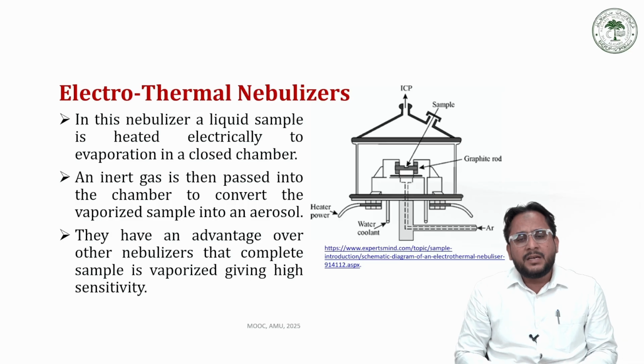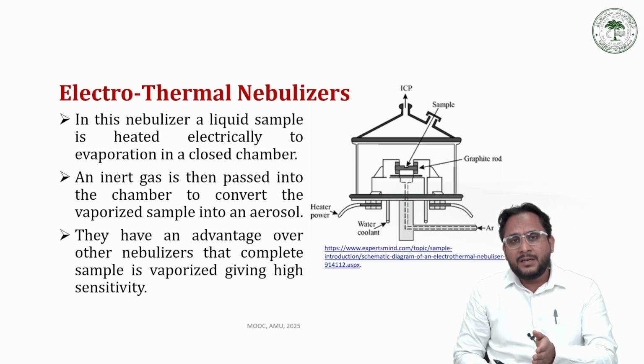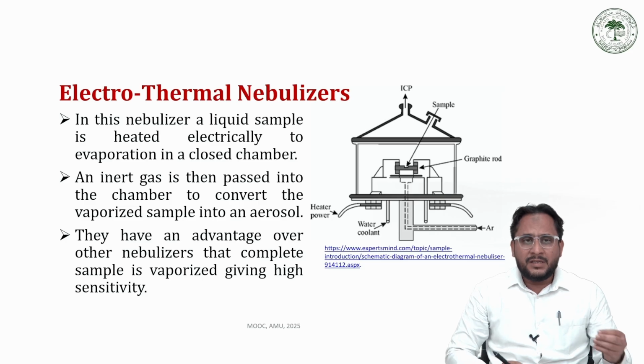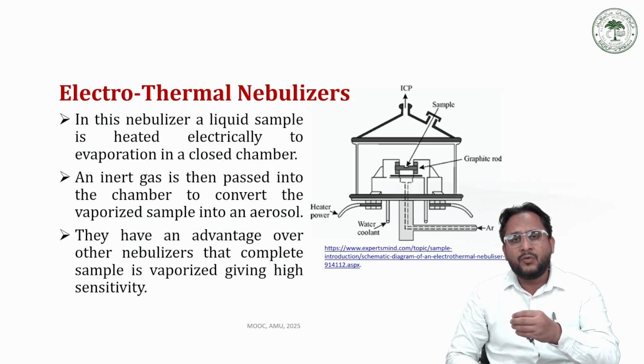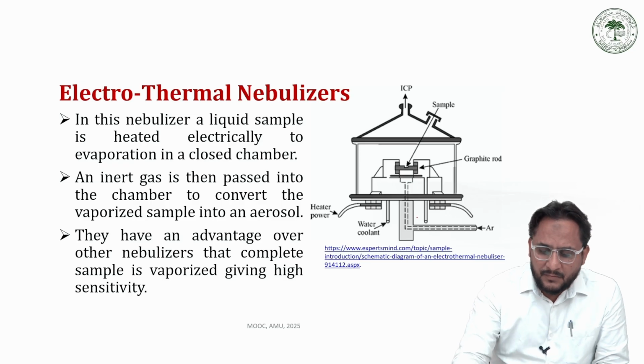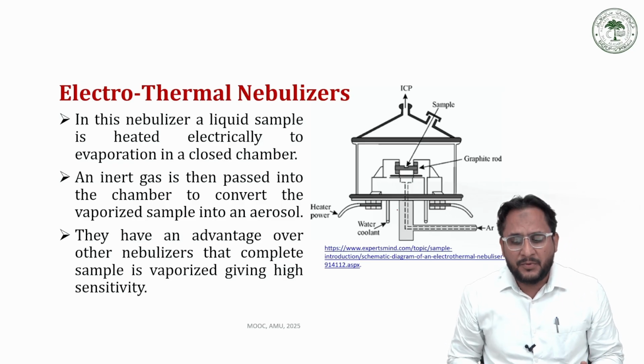Then come the electrothermal nebulizers. These electrothermal nebulizers work on the principle of electricity, converting electrical energy into thermal energy. They receive a signal in the form of electrical voltage, and then convert it into heat, thereby converting the sample into vaporized form.